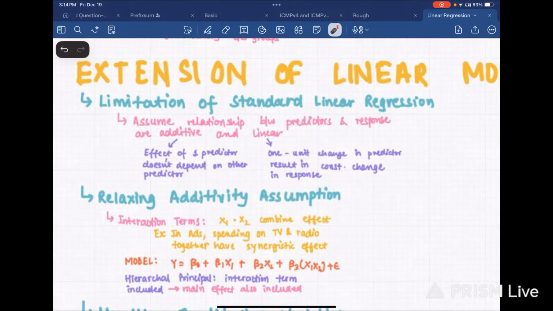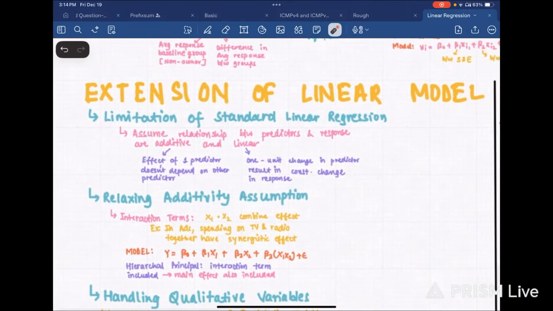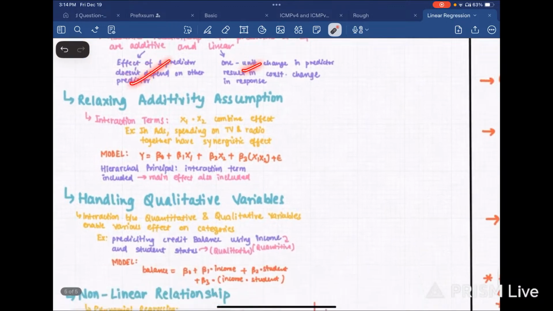The other predictor doesn't affect the additive part of that. We just assume that, so that is the limitation of linear regression.